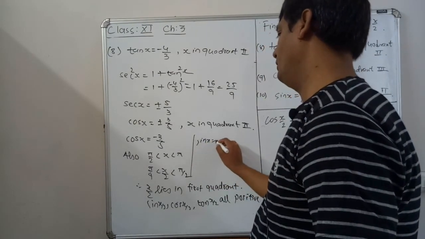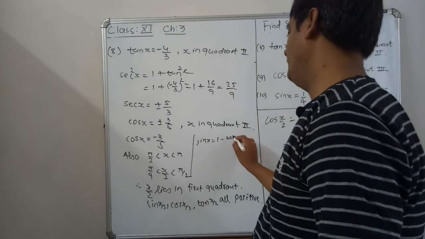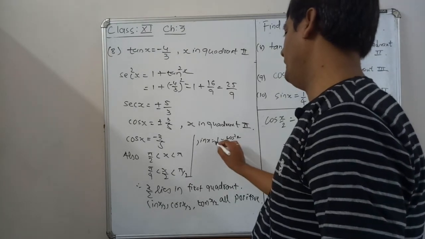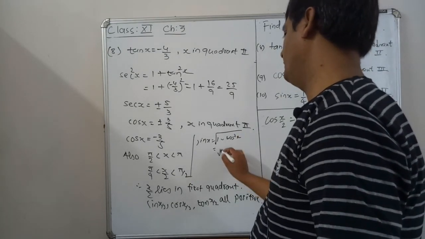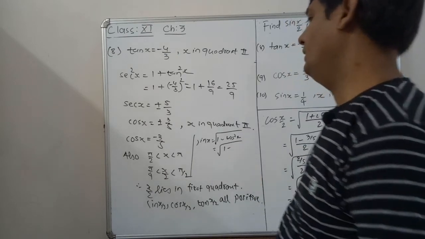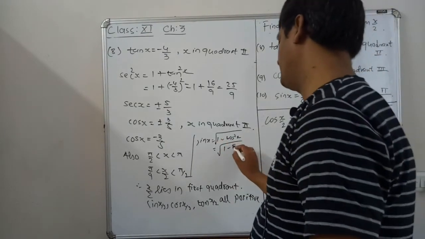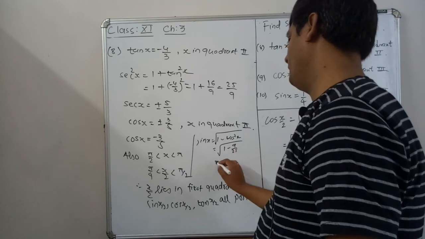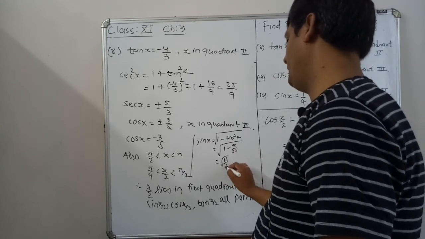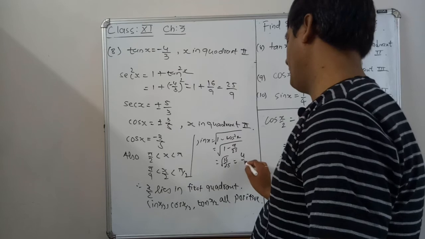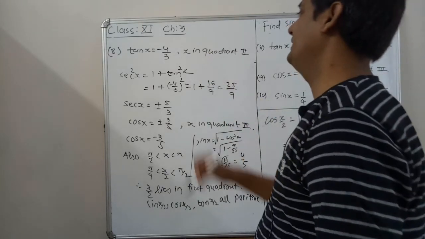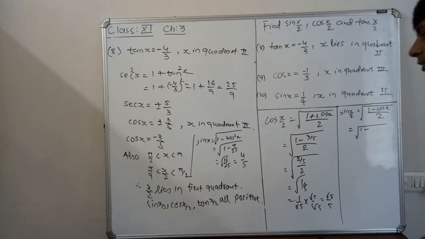So sin x is equal to under root of 1 minus cos square x. So under root of 1 minus 9 by 25. So simply 16 by 25. We got 4 by 5. Why positive? Because x lies in the second quadrant. Second quadrant sin is positive.